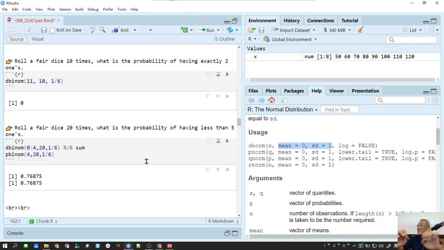For a continuous distribution, it returns the density, right? So it's kind of difficult to see the probability directly from density. So you need to use a P function a lot when you try to estimate probability in continuous distributions.